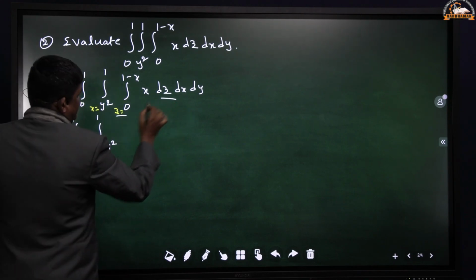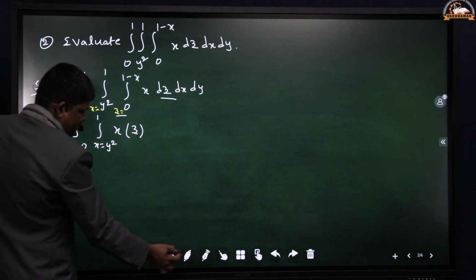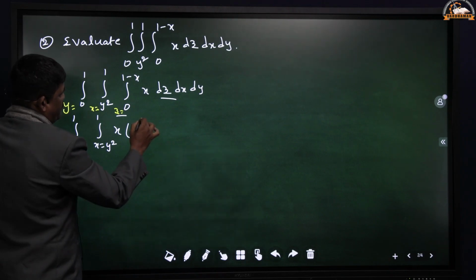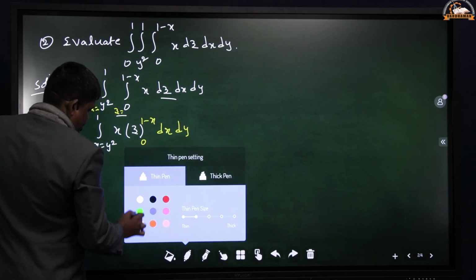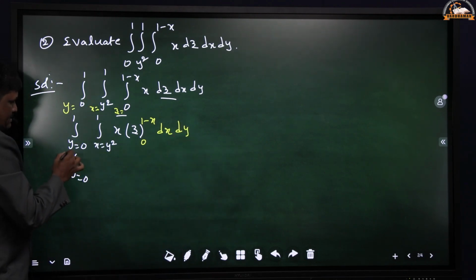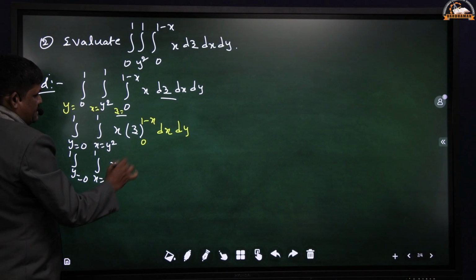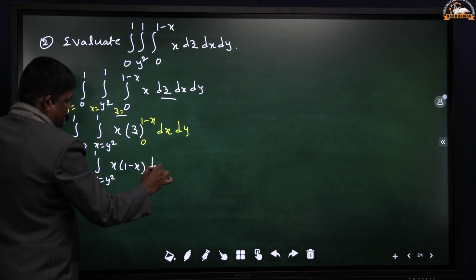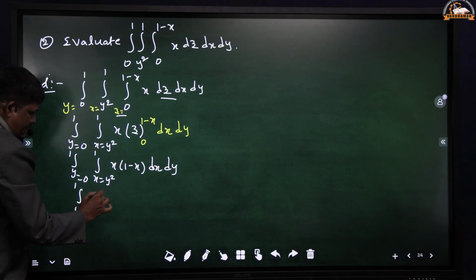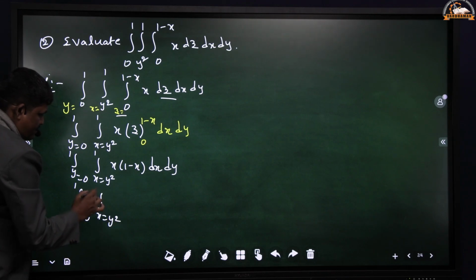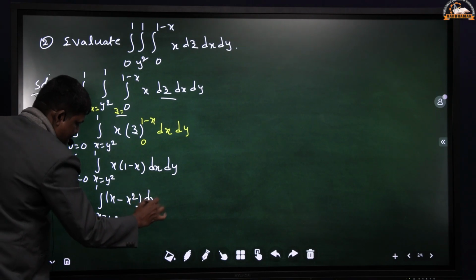Okay, evaluate this. You will get integral y is 0 to 1, integral x is y square to 1, and z dz. So you are going to get x as it is and z, and substitute the limits 0 to 1 minus x, dx dy. Then go for the next integration. You will get y is 0 to 1 and x is y square to 1, x into the upper limit 1 minus x, dx dy. Multiply this, you will get x minus x square dx dy.